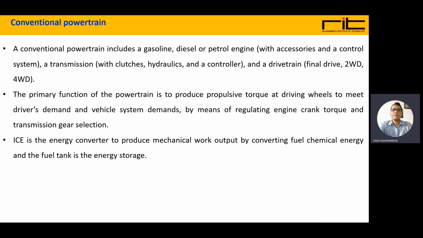The IC engine is the energy converter to produce mechanical work output by converting fuel chemical energy, and the fuel tank is the energy storage. So it has the electrical energy as well as the mechanical IC engine energy.